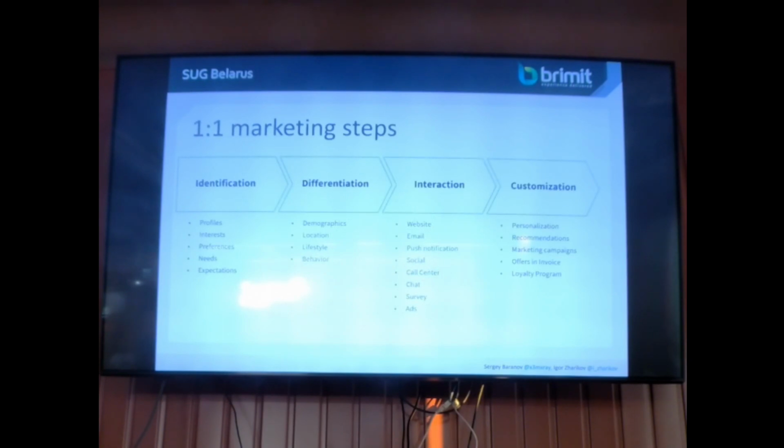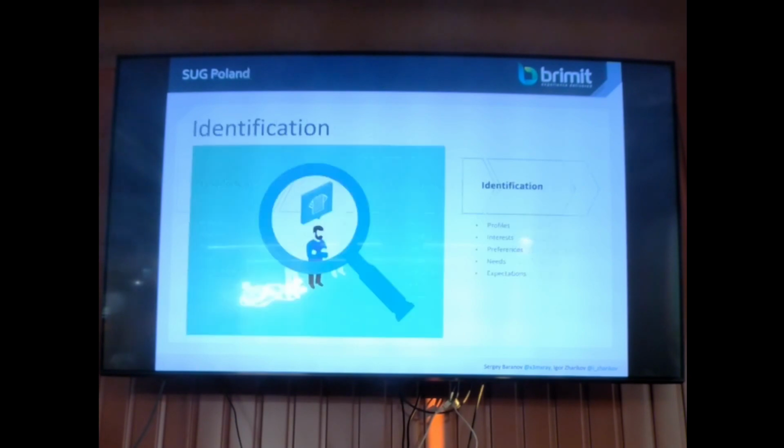Since one-to-one marketing is based on individual relationships with customers, we need to perform several steps to establish good communication. Here I've prepared all of them, so let's review how to get started. The first step is identification.